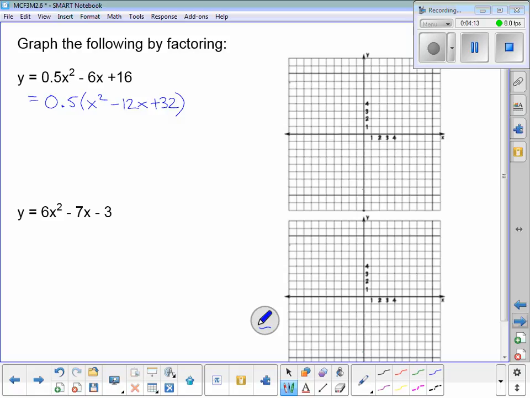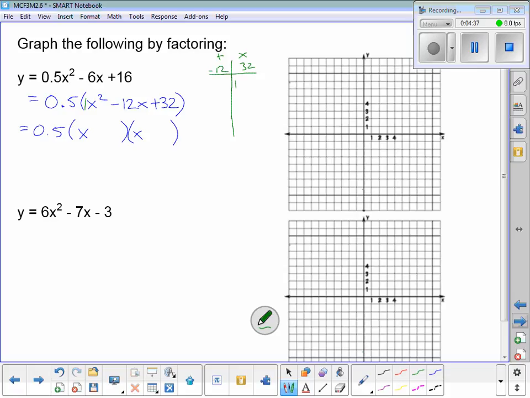Now once I've done that, you'll notice that this is a simple trinomial inside. There's a 1. So that means that I can now draw my 2 empty brackets and figure out what goes in here with the x's. So I'm looking for 2 numbers that multiply to 32 and add to negative 12.